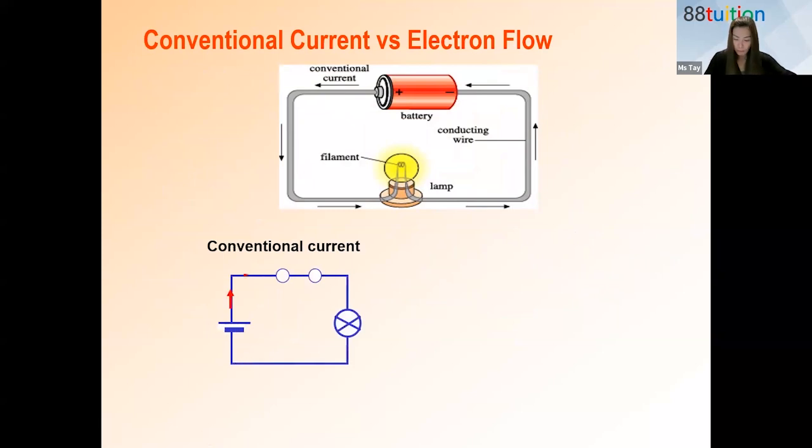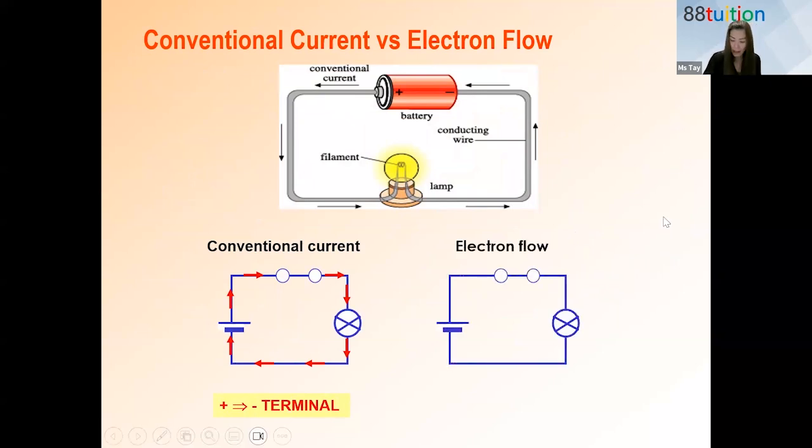So this is conventional current, and this is electron flow. Look at how electrons are moving. It's always from the negative terminal out, because electrons are negatively charged. And then it flows back to the positive terminal. So far, still okay, right?